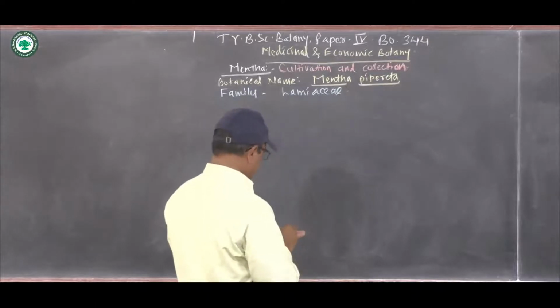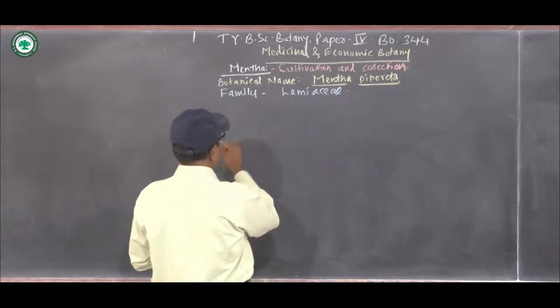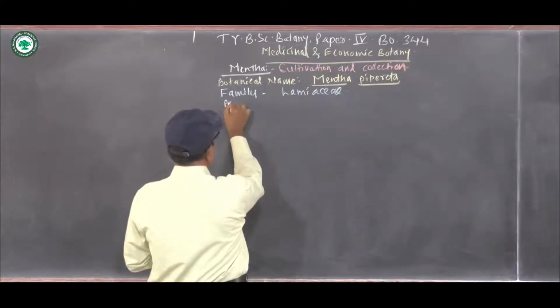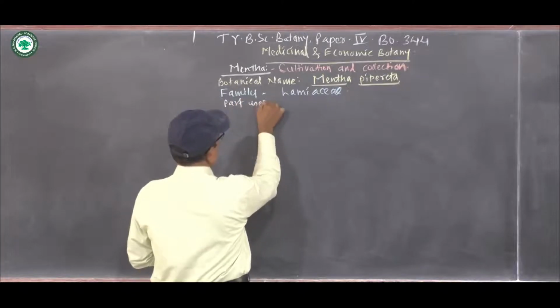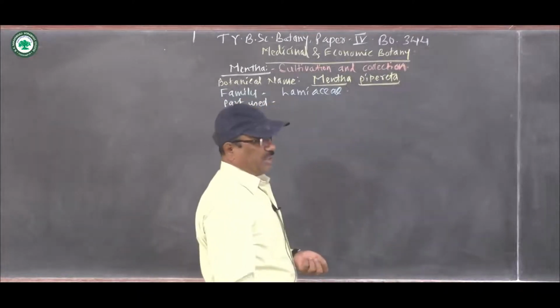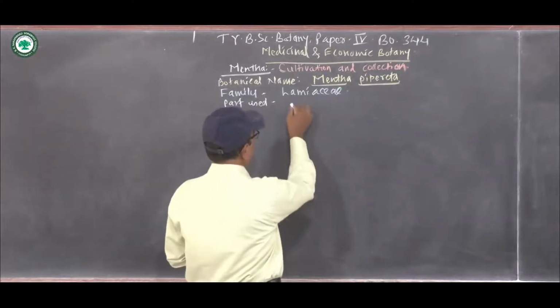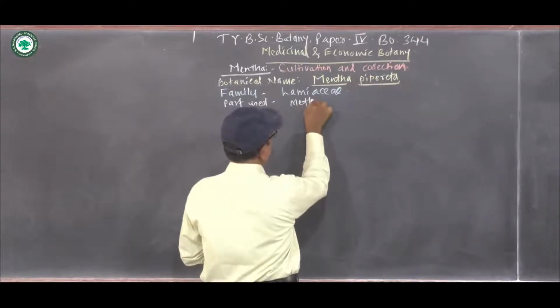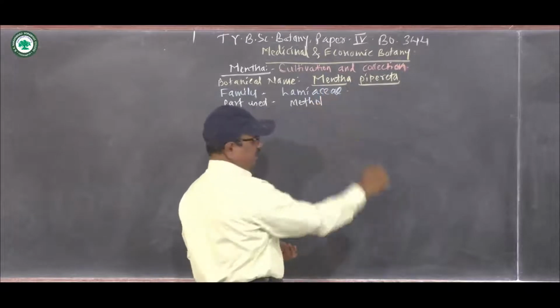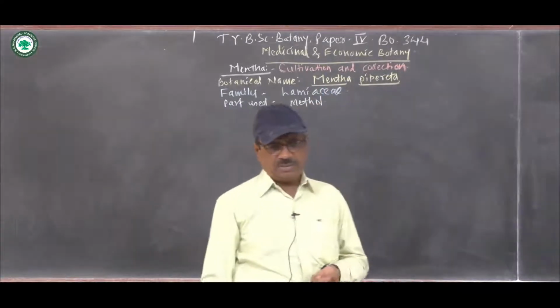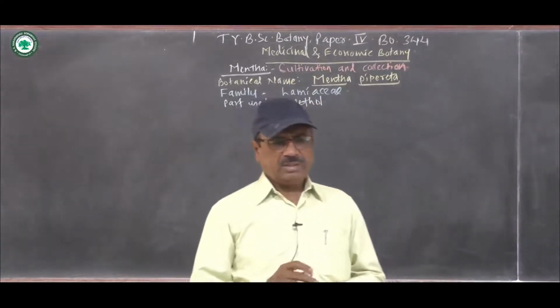And if we see this plant, it is a small herbaceous plant, and from the leaves and twigs of this plant, the menthol is obtained, and it consists of more than 50% menthol in the plant twigs.